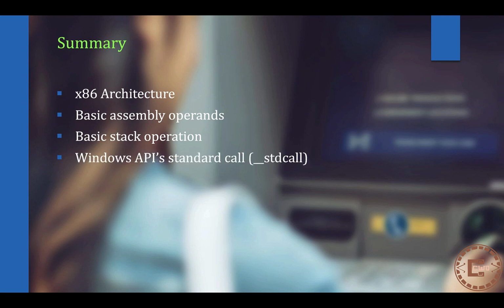Very, very important. Windows APIs standard call, which is the one used by Windows. Very, very important. And as I said, guys, we're going to do a lot of exercises for you to keep practicing. Okay. Thank you so much.